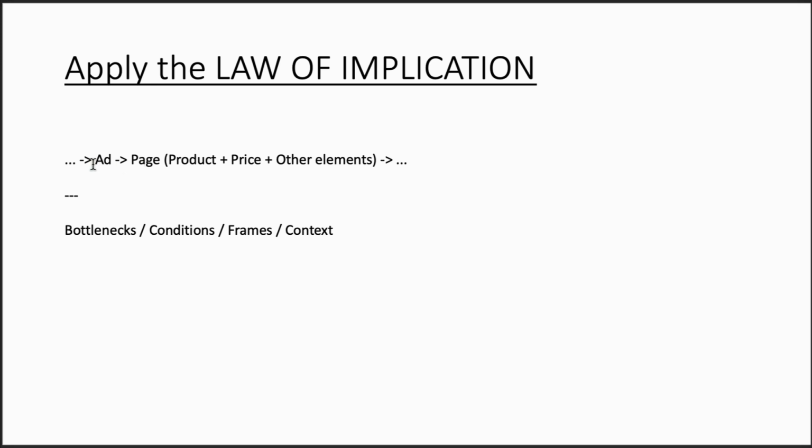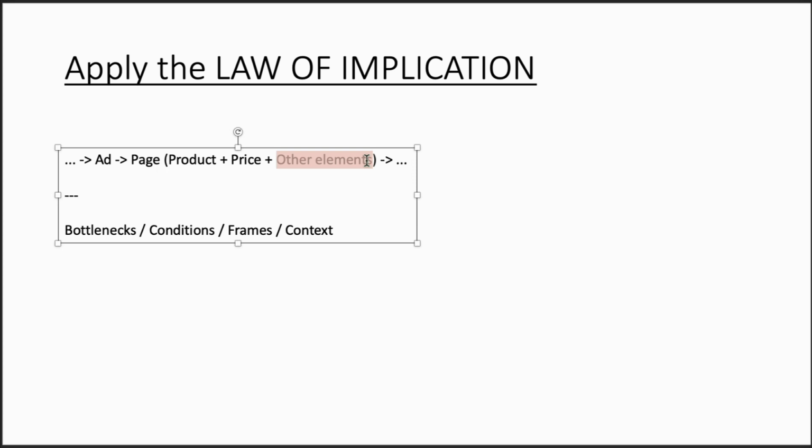So we've got conditions that we are aware of that play a significant role, which are the ad and the page, and then we have micro contexts within the page, which are the product, the price, and other important elements which act as contexts.